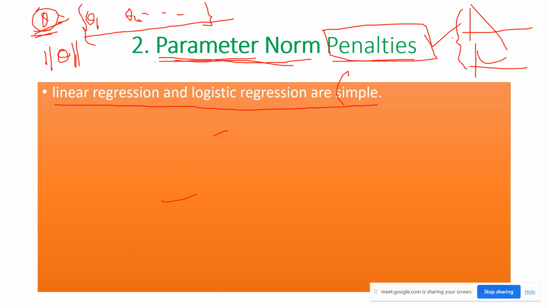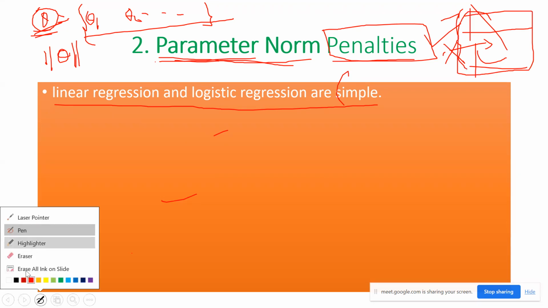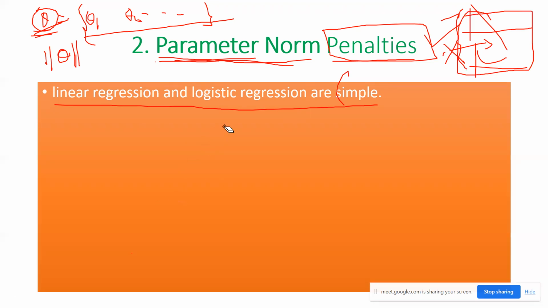But this is not sufficient in all cases, because this is used to reduce the training error and testing error. To reduce training error and testing error, we use these mechanisms, linear regression and logistic regression. But our intention is using regularization. You need to consider the bias and variance trade-off.